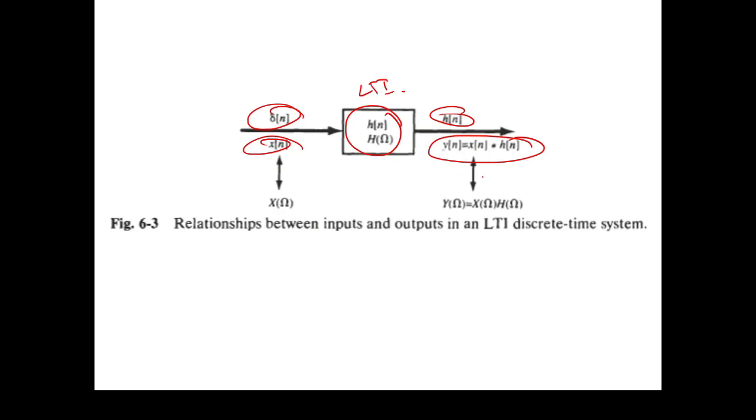We have xn, we have hn, and the output yn equals xn convolved with hn. Similarly, we can convert it into the frequency domain, get the output Y of omega, and then perform the inverse Fourier transform to get the time domain signal.